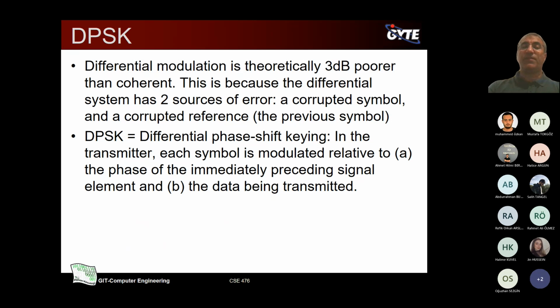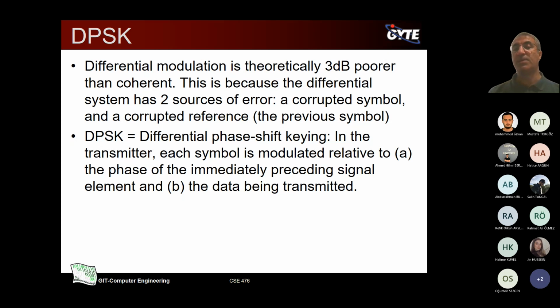One example of differential modulation, from phase shift keying, is called differential phase shift keying. Differential modulation is theoretically 3 dB poorer than the coherent, conventional one. Why? Because the differential system has two sources of error.